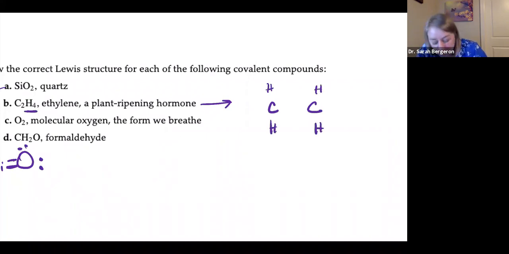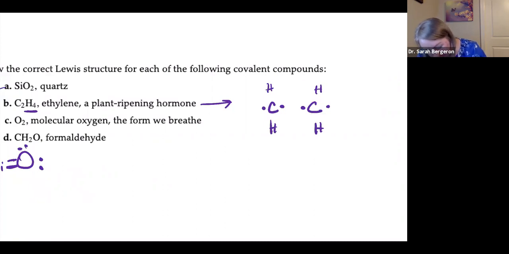Now I'm going to draw in my electron dots: 1, 2, 3, 4, and 1, 2, 3, 4. Now I'm going to draw in my hydrogen electrons, 1 for this hydrogen, 1 for that hydrogen. And what you can see is you can now make a bond here, here, here, and here. So let's go ahead and do that. Let's turn these into, whoops, I shouldn't have drawn it so small.